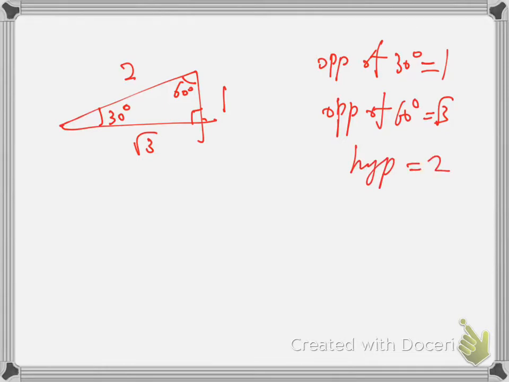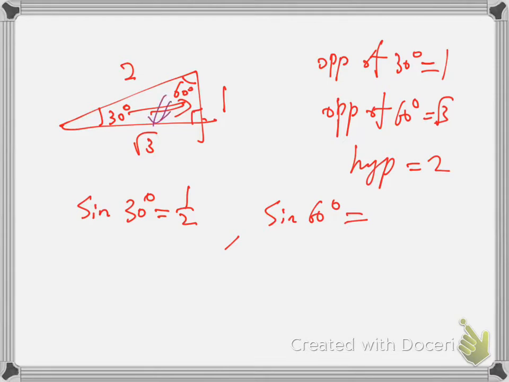Now let's write down the sine, cosine, and tangent of 30 and 60. Sine of 30 is opposite over hypotenuse, 1 over 2. Sine of 60 is opposite over hypotenuse, so radical 3 over 2. Cosine of 30 is adjacent over hypotenuse, so radical 3 over 2.